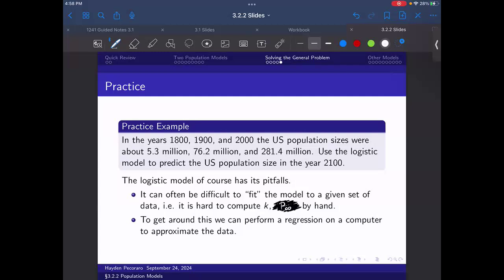So this one, T0 starting at P0 would be 4.3, right?